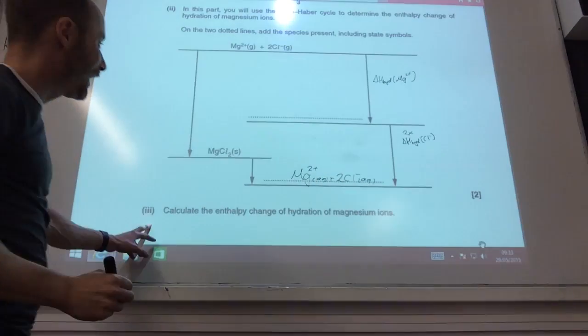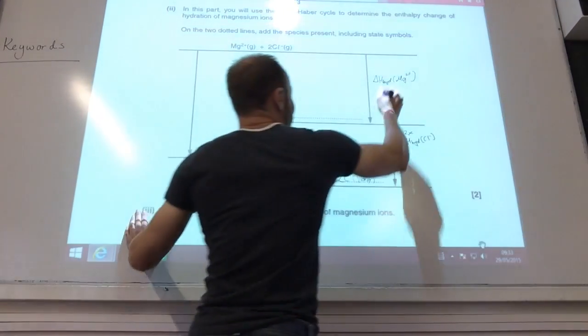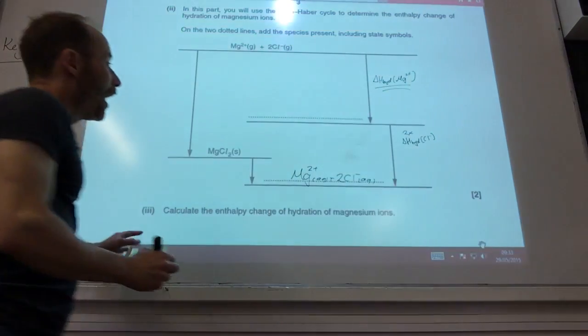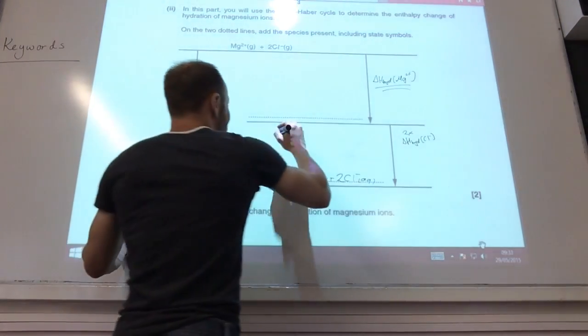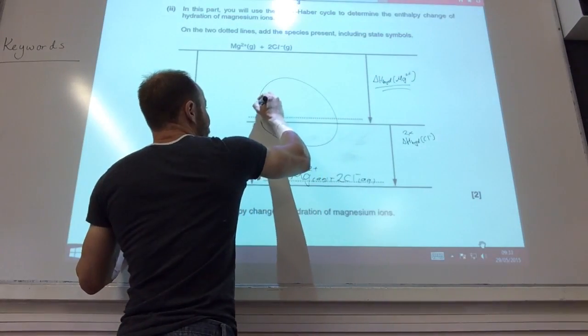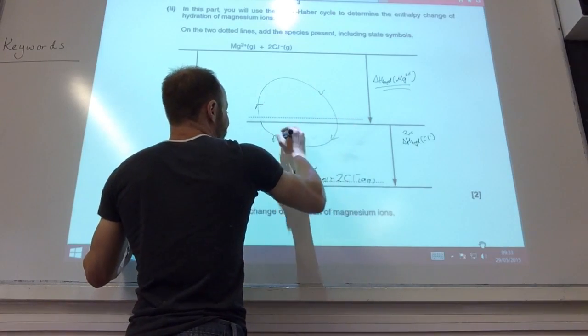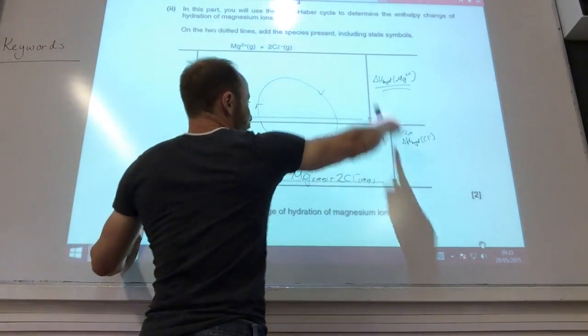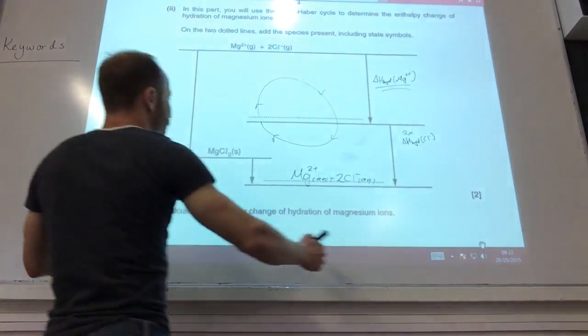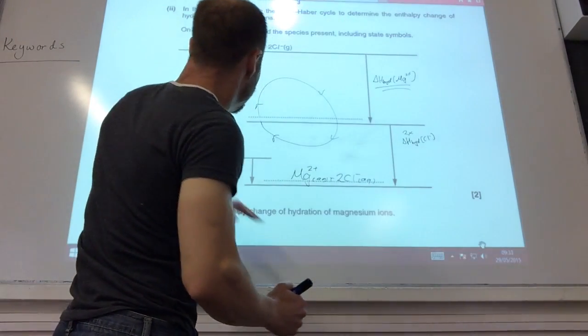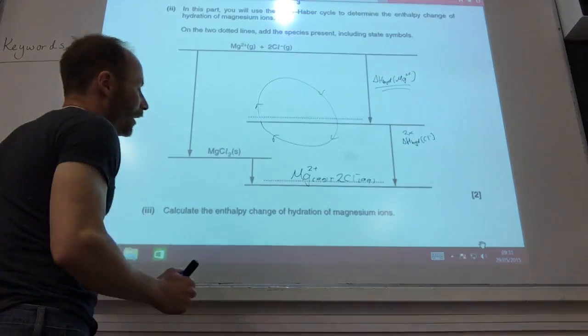So we need to calculate this one here. Doesn't matter which way we do it. Let's do our circle that we've done from AS. Hopefully you can see if you've got like a big clock in. These are going clockwise, these 2 arrows are going anti-clockwise.